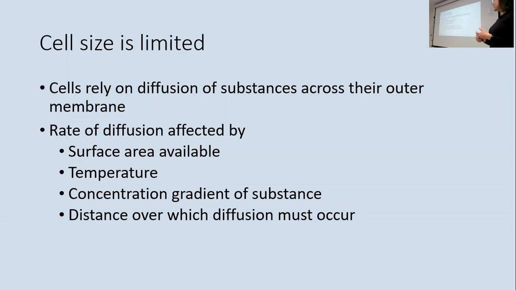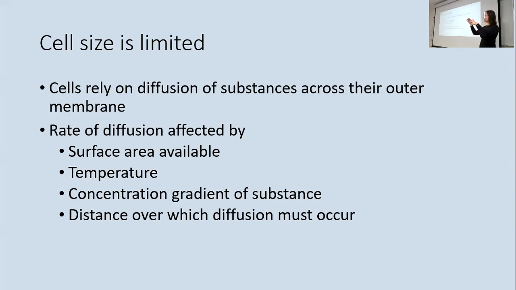Concentration gradients of a substance, when we get into membranes, we'll pick that apart. But mostly, if there's a whole lot of something outside the cell that needs to go inside of the cell, it will diffuse faster because there's more of it there to diffuse, right? And then the distance over which the diffusion must occur. And this is where the cell size limitation really comes in, right?